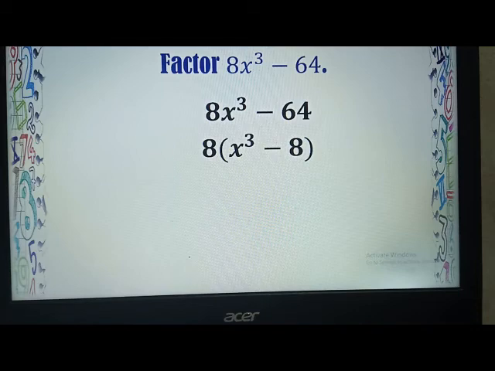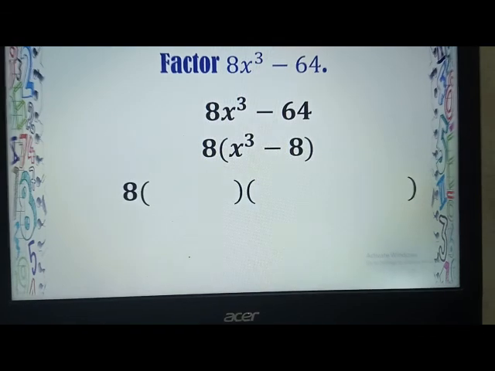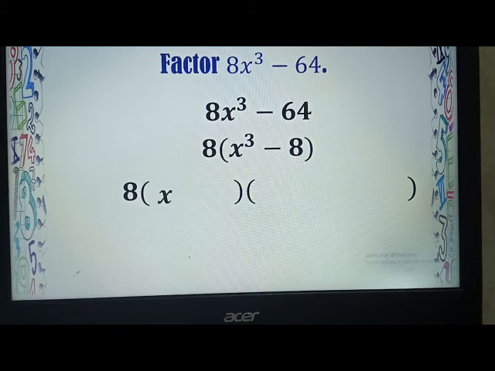Taking out the GCMF, which is 8, we have 8x cubed divided by 8, that is x cubed, minus 64 divided by 8 is 8. Now this x cubed minus 8 is a difference of 2 cubes. Therefore, factoring x cubed minus 8, we have the binomial factor with the first term taken by getting the cube root of x cubed.